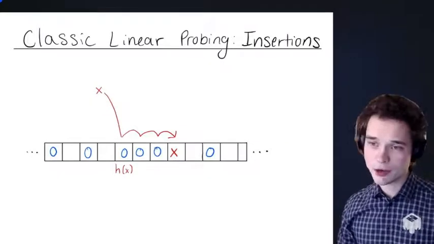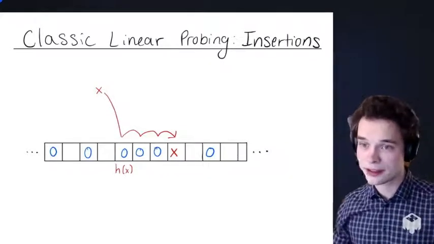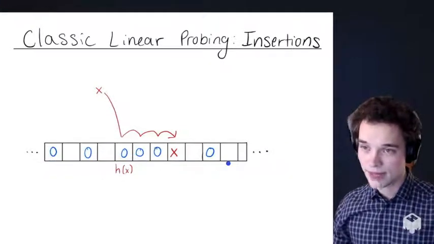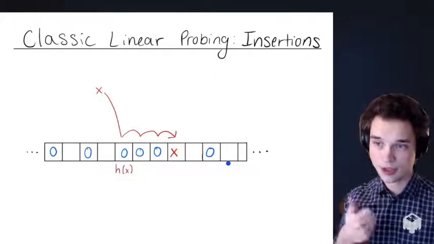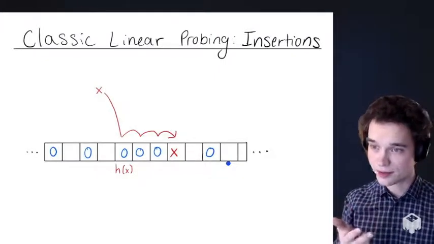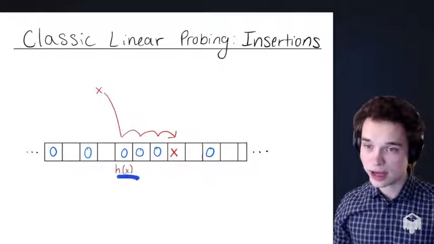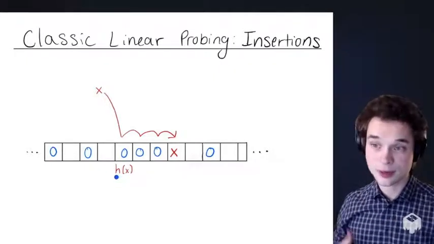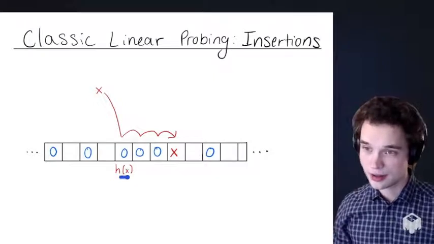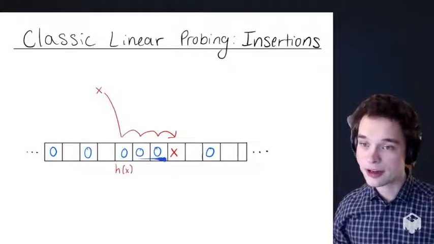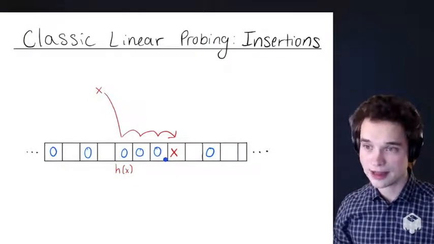A linear probing hash table is a data structure that stores elements in an array, and it supports three operations: insertions, queries, and deletions. To insert a new element, you compute a hash of that element, mapping you to some random position in your hash table, and then you scan forward until you find a free slot where you can place that element.